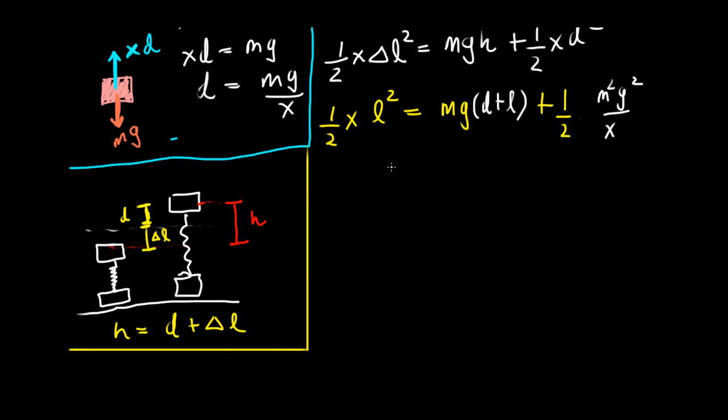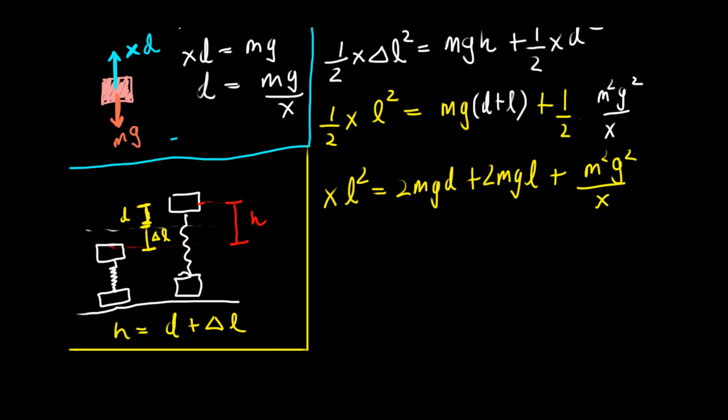So let's multiply both sides by 2. So we get x L squared is equal to 2mg times d, and I'm going to open this bracket, 2mgL plus m squared g squared over x.